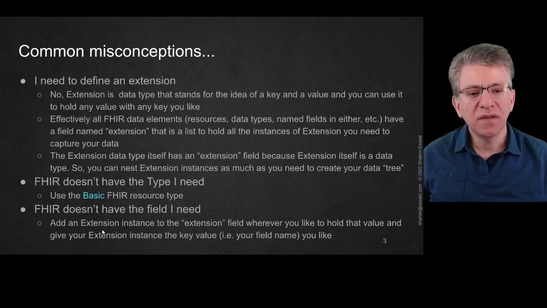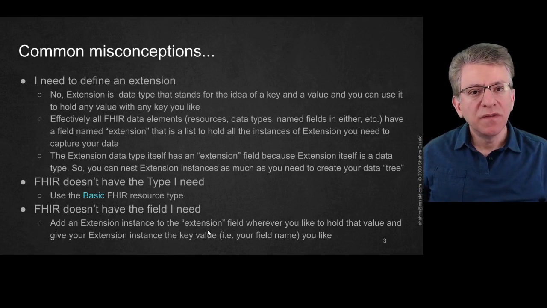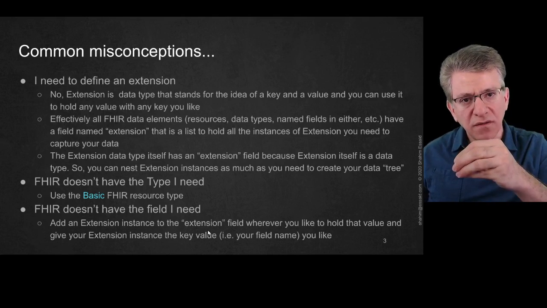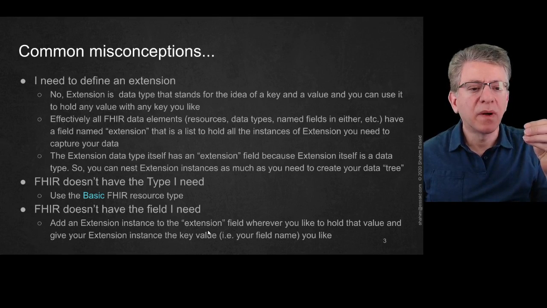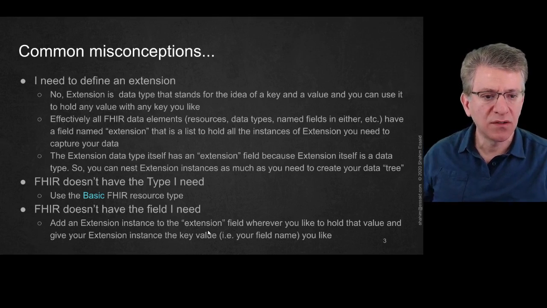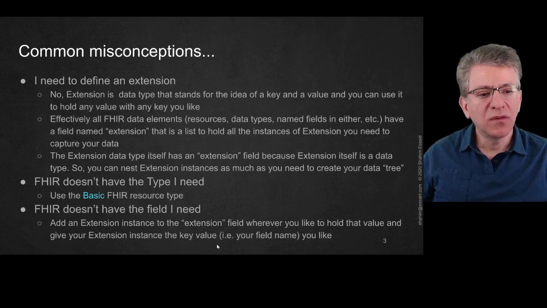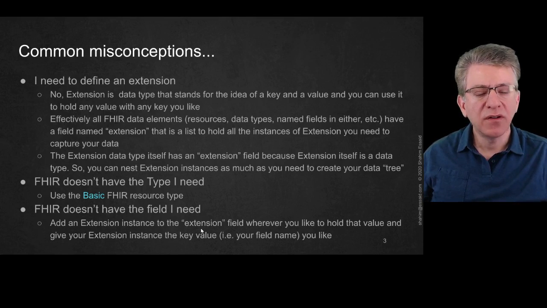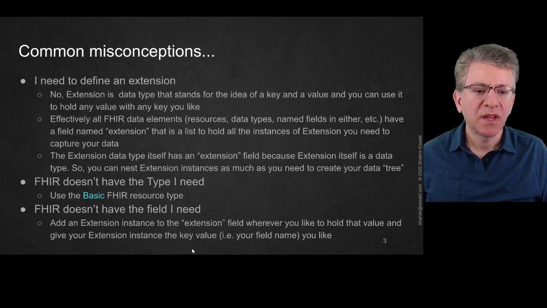You create an instance of the data type extension, and you find the extension field where you believe that value should hang off or be close to the context where your value fits best within the already defined FHIR structure. So you just do that. You create an extension instance, you find your extension field, you assign a key, and then you put your value in the extension data type.